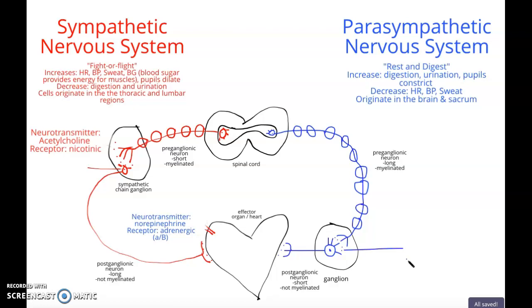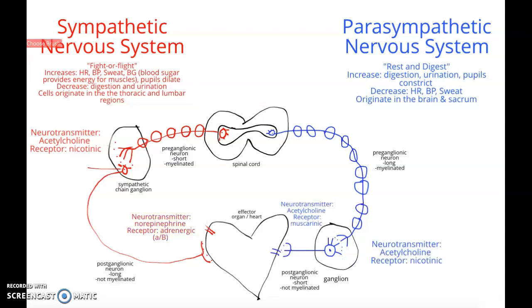So this is ACH, which binds to the receptors on the postganglionic cell body that are nicotinic receptors. The postganglionic neuron is short, not myelinated, and it secretes acetylcholine that binds to muscarinic receptors.